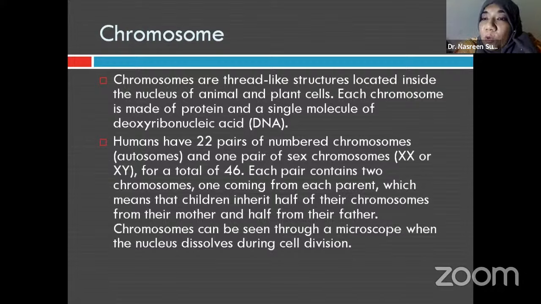The 22 pairs we call autosomes, and the one pair of sex chromosomes is XX or XY. So a total of 46 will be there. Each pair contains two chromosomes, one coming from each parent, which means that children inherit half of their chromosomes from their mother and half from their father.